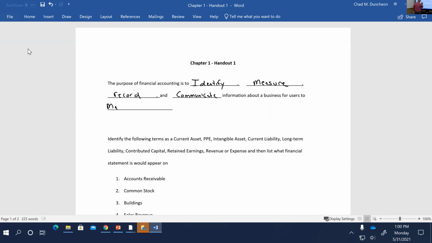There should actually be 2 lines here for these 2 words. That is what we are doing in any type of accounting. In financial accounting, the users are the investors. In managerial accounting, the users are the management of the company.